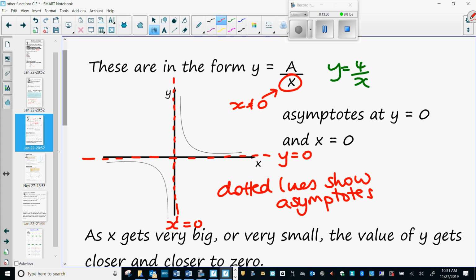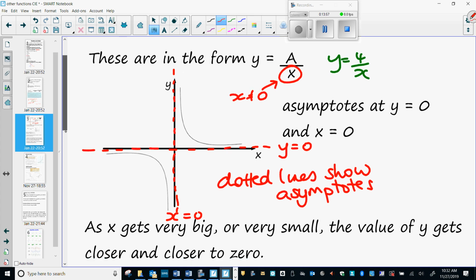There's no way that you can put into your calculator 4 divided by something and press equals and it comes up on the screen as 0. Everyone read me? Agree with it? There is no number that you can stick in there that makes it 0, which means that y equals 0 is our other asymptote. Okay, so that's where we would have our graph.